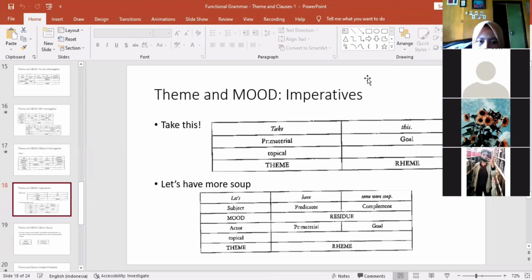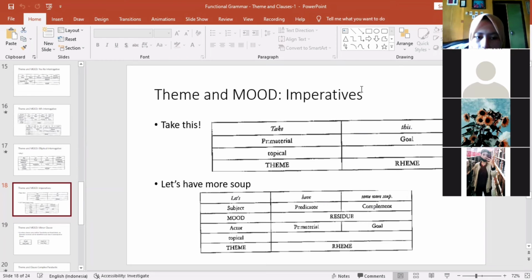For example: take this. Take is material process in the transitivity analysis, and this is goal. And then for the theme and Rheme analysis, take is topical theme, and this is Rheme.